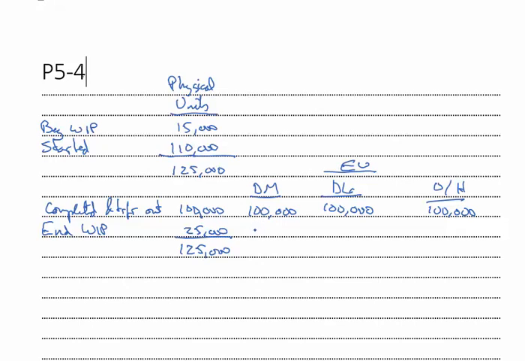So 60% would be 15,000 and 5,000 and 5,000. So the equivalent units are 115,000, 105,000, and 105,000.